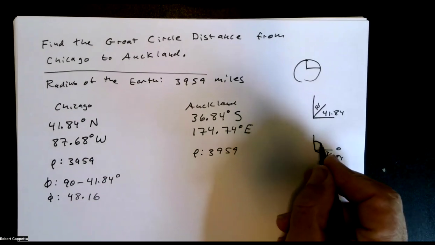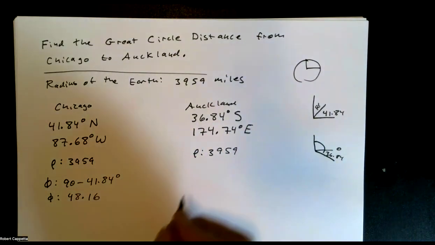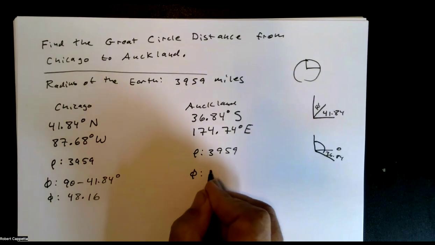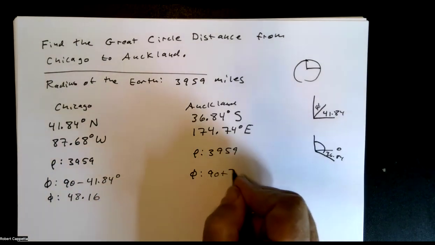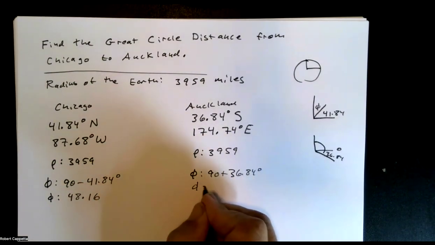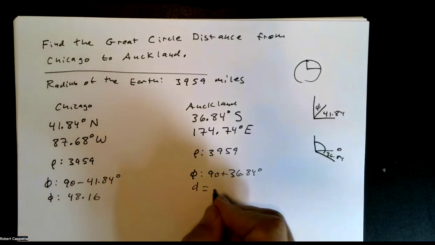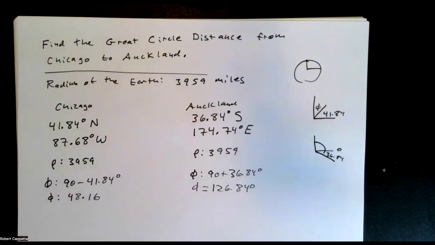So our phi in the case of Auckland is going to be 90 plus the 36.84 degrees. So our phi is going to be 126.84 degrees.